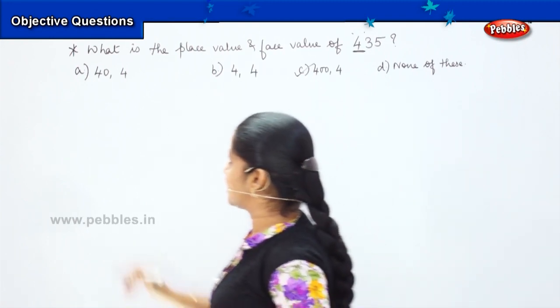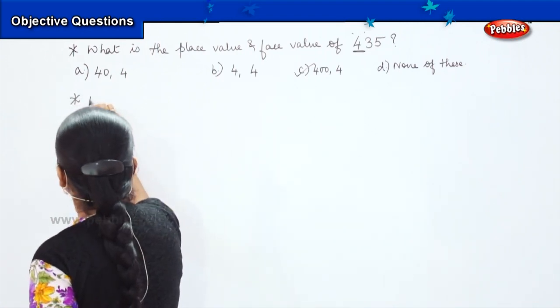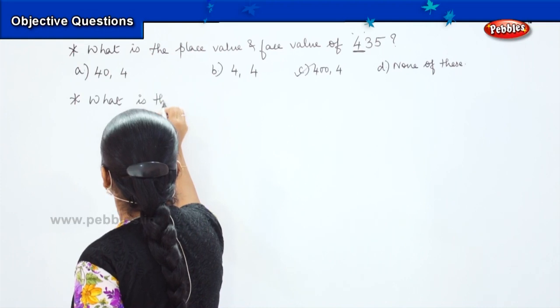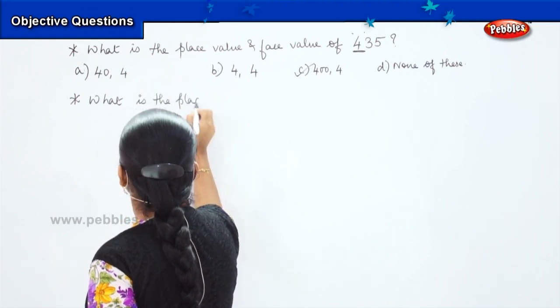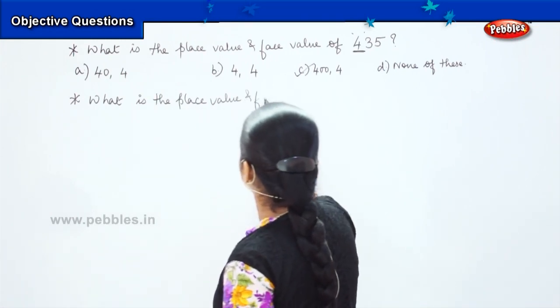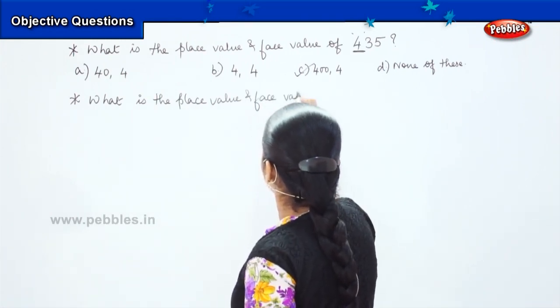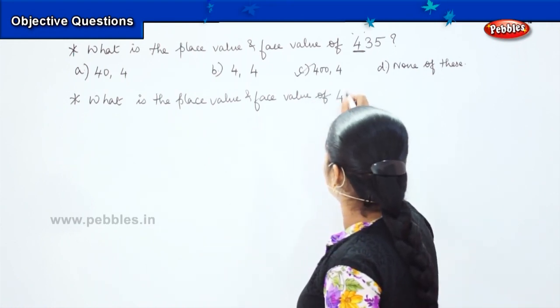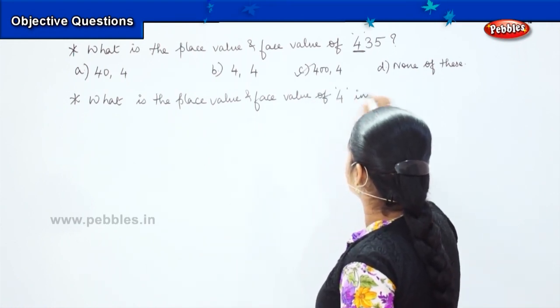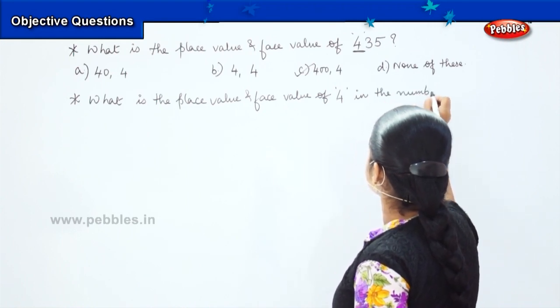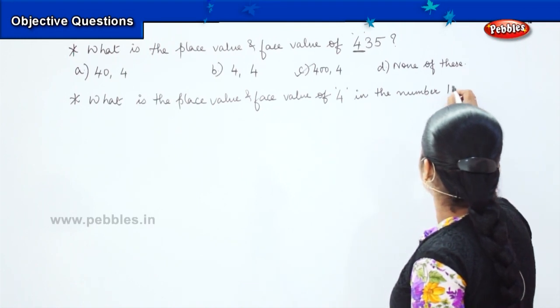My next question says, what is the place value and the face value of 4 in the number 124.